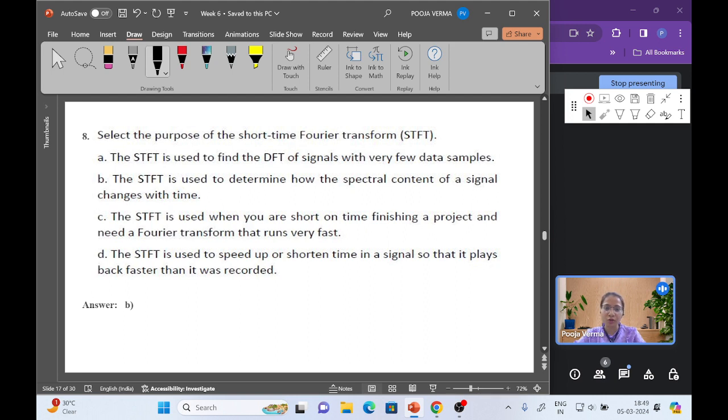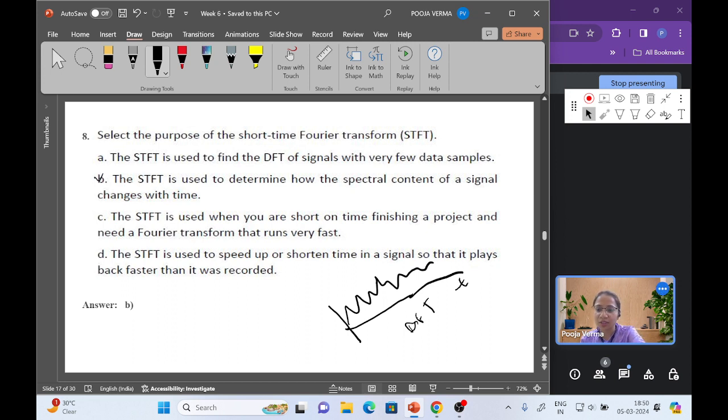So what are we going to analyze with the STFT? We are saying that the spectral content varies with time. How can we analyze this? There are two methods: one is the DFT view and the other is the filtering view. In order to find out how the spectral contents change with time, we use the STFT.